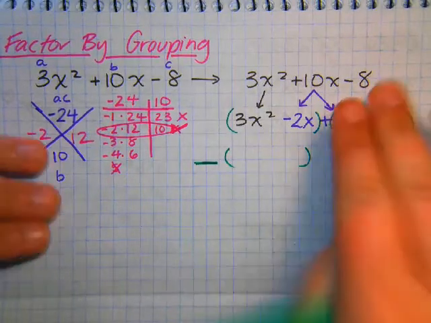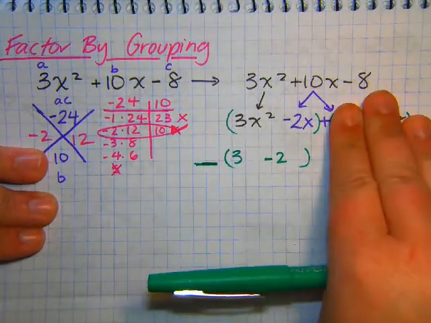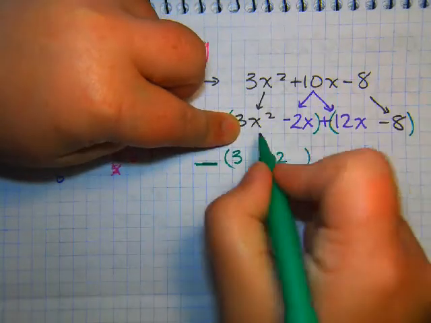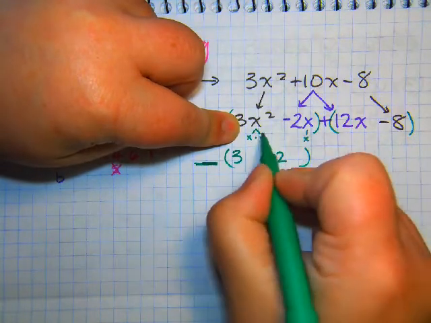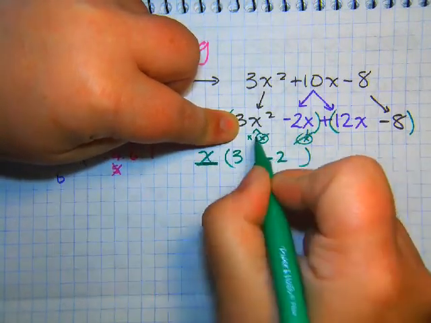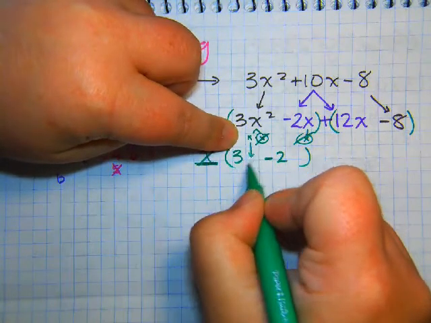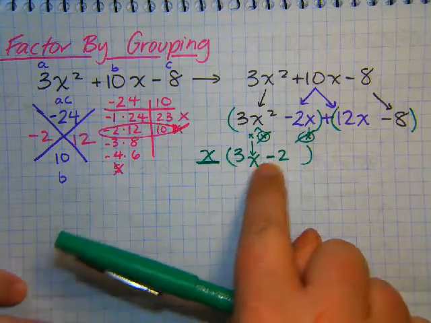So we don't need to do anything, just bring down the numbers. 3x squared, negative 2x. Now we look and see that this is x times x, and this is x, so they both have x in common. Let's put an x up front, and then bring down what remains. So we have x times the quantity 3x minus 2.